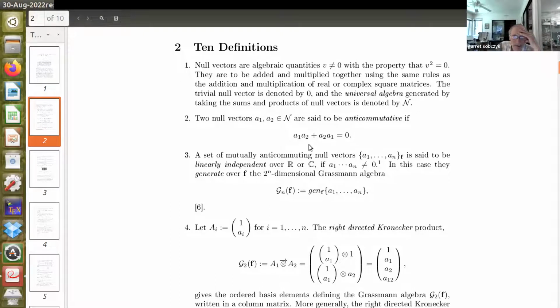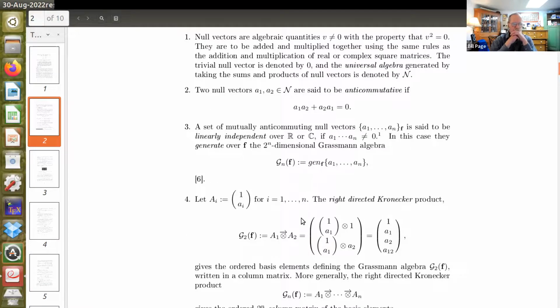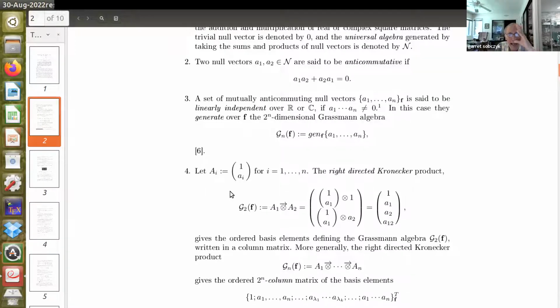Okay, so what I'm doing in step 4 here, okay, so maybe I take AI, okay, so what do we mean by this then? AI is 1 AI. So 1 again, okay, that's the scalar 1, just think about it as a real number, and AI is the element in the Grassmann algebra.